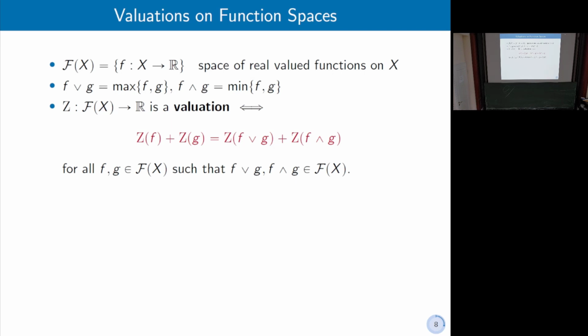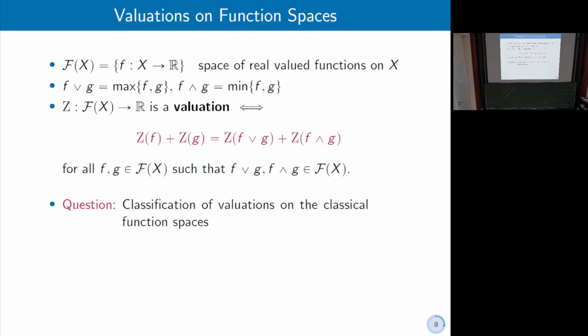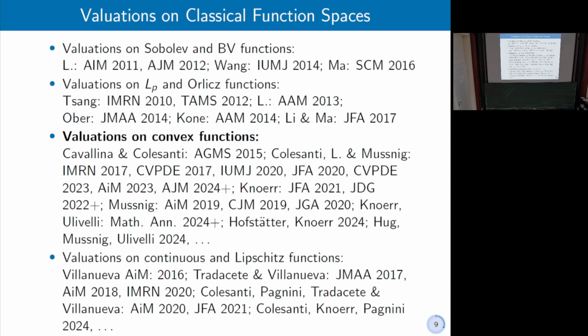And if I want to use this approach, I need classification results. So the question is classification of valuations on the space of convex bodies, convex functions, or more generally on classical function spaces. And this is a question I have been interested in for the last couple of years. And here are some results. And I think this is the first paper, even though you don't see this by the year.